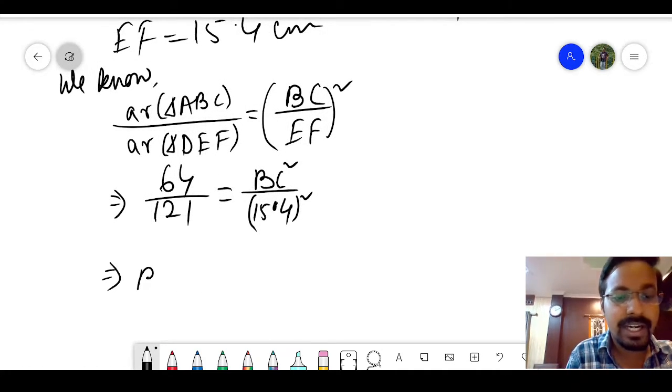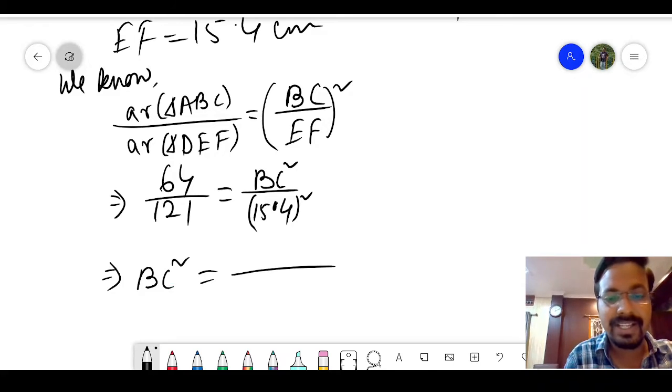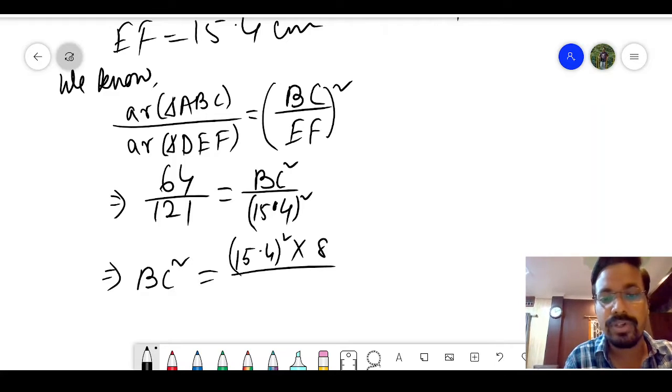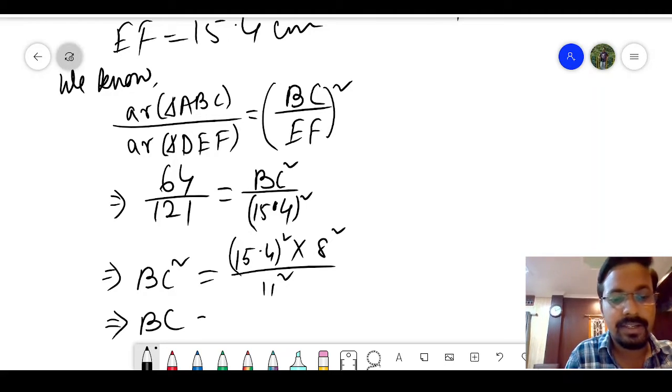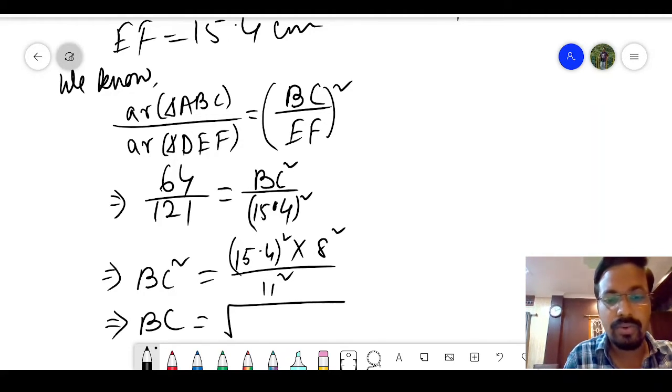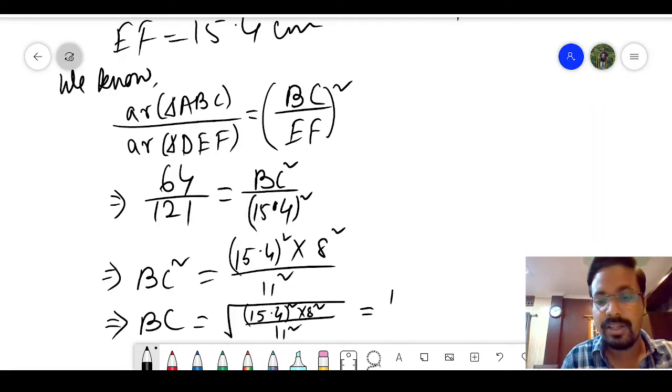So that means we can write BC squared is equal to, by side change, 15.4 squared into 64 is 8 squared, 121 is 11 squared. So that means BC will be equal to the square root of 15.4 squared into 8 squared by 11 squared, which means it will be 15.4 into 8 by 11.